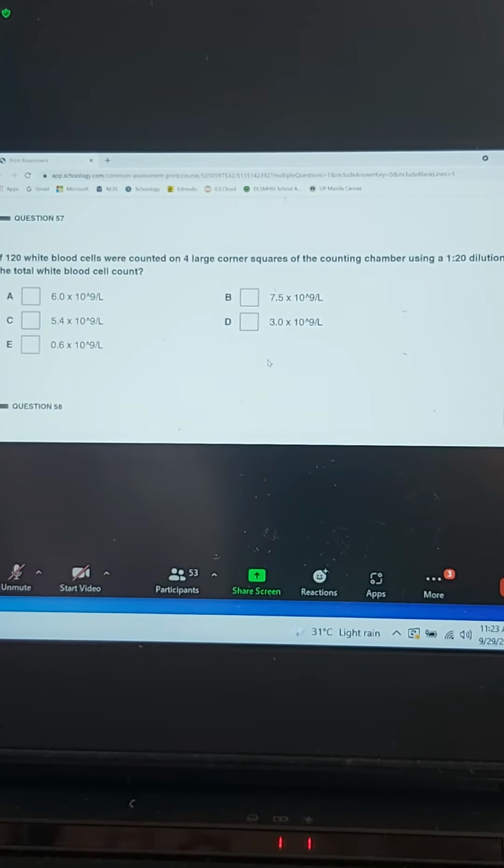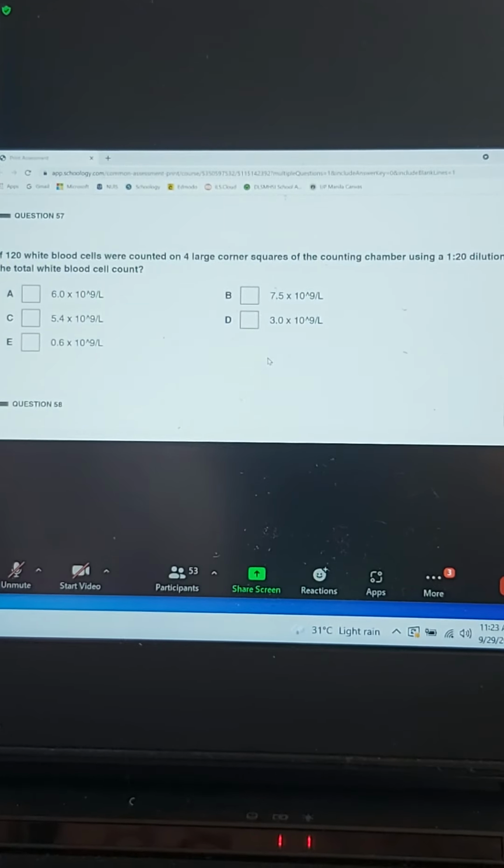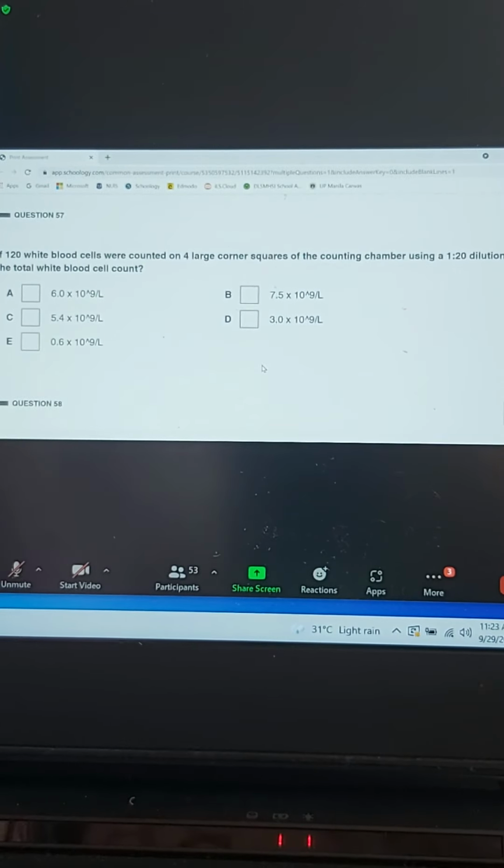If 120 white blood cells were counted on 4 large corner squares of the counting chamber using 20 dilution, so anong total WBC count? Letter A. 6.0. So paano siya kinompute?